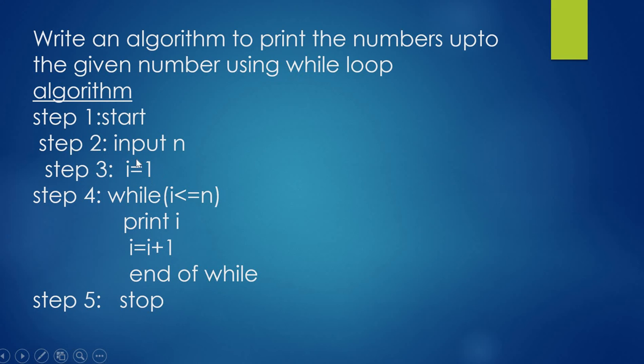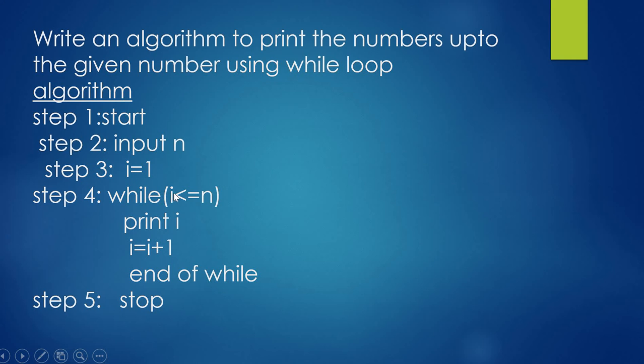Initialize I equal to 1 means we initialize that variable to 1. Then, while. Next condition. What is the condition? I less than or equal to n. Then print I. After this statement, we increment the value of I. I is equal to I plus 1. That is the increment. Then again we check the condition.